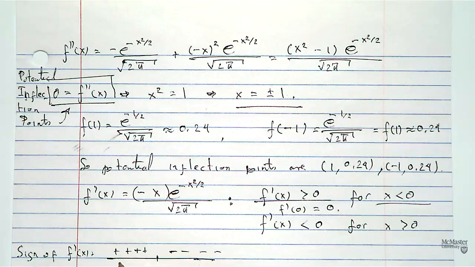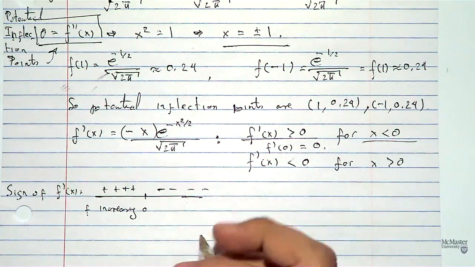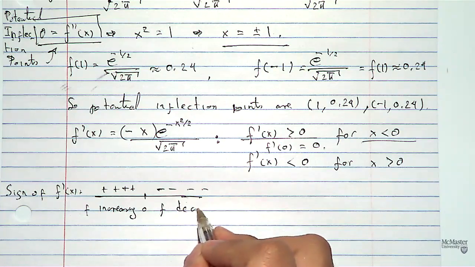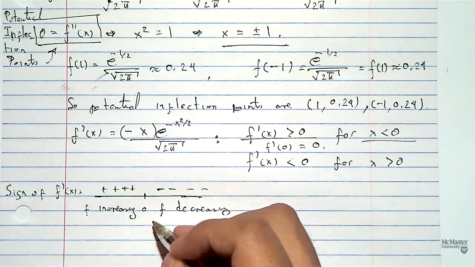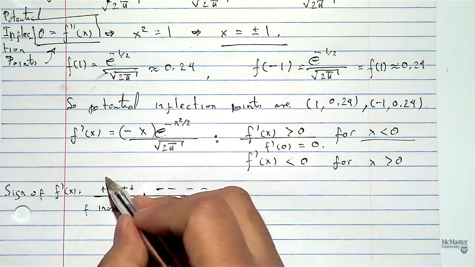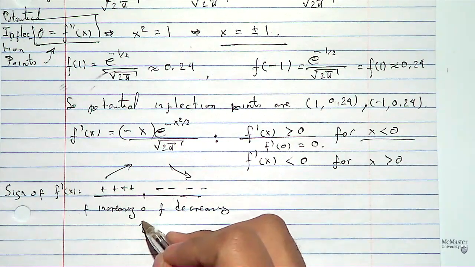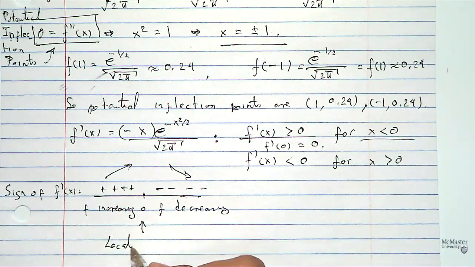If I have f prime greater than 0, that means that the function is increasing. If I have f prime less than 0, that means that the function is decreasing. So think about it. The function is increasing here and decreasing here. And here I have a local maximum at 0.4.